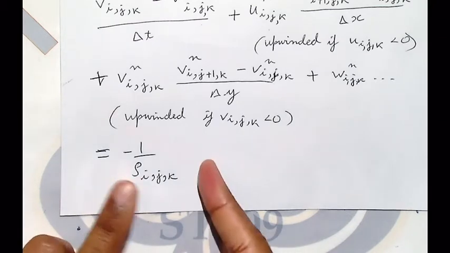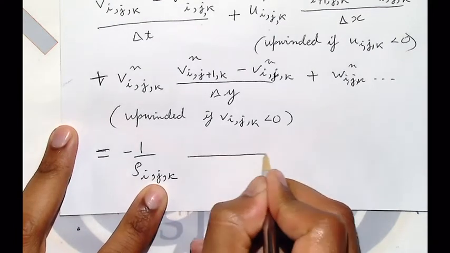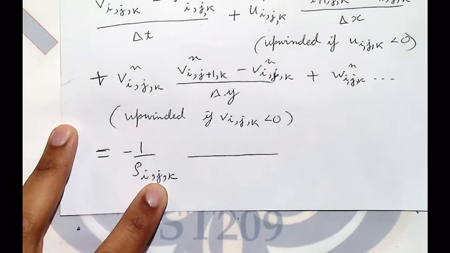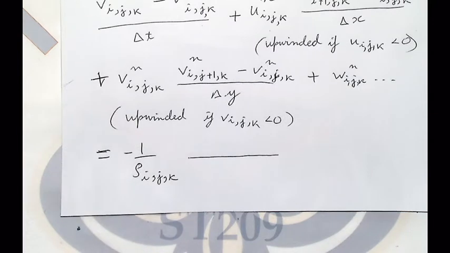Then we have dp dy. What should I do? We are going to the forward cell again: P at i, j plus 1 minus P at i, j, divided by delta y.